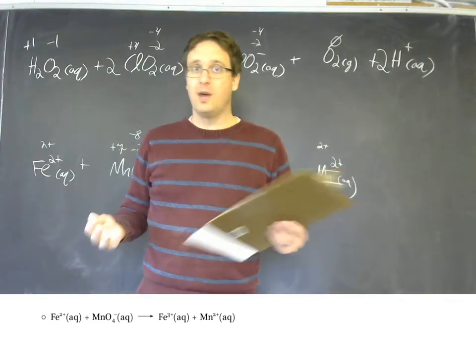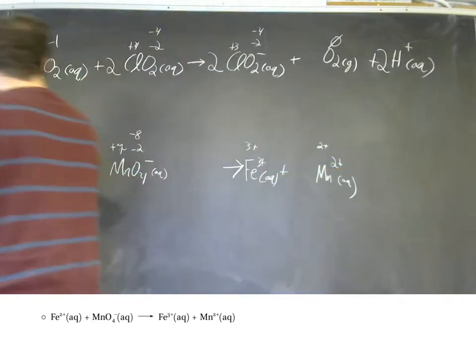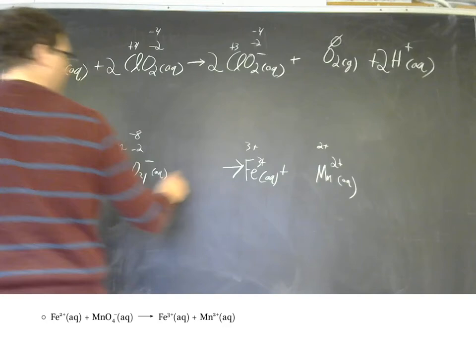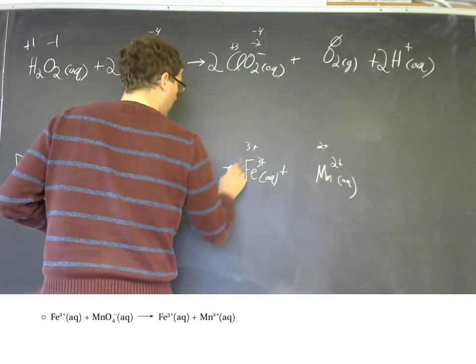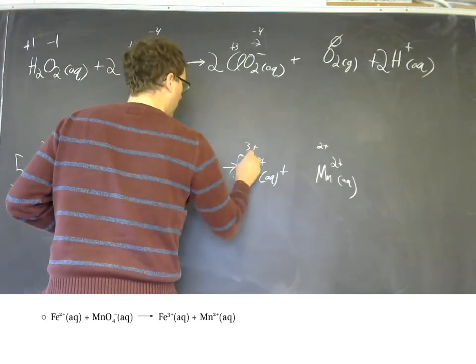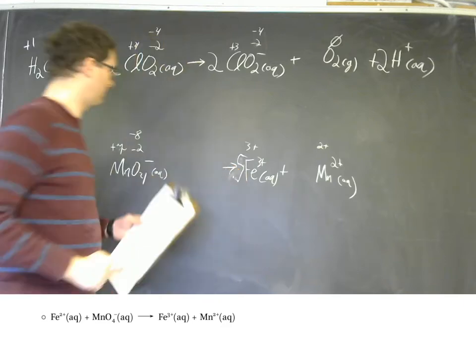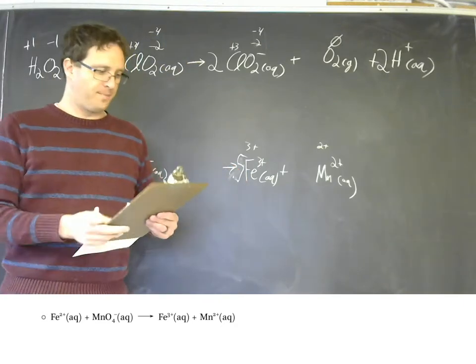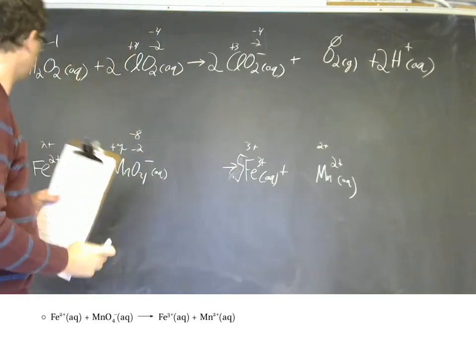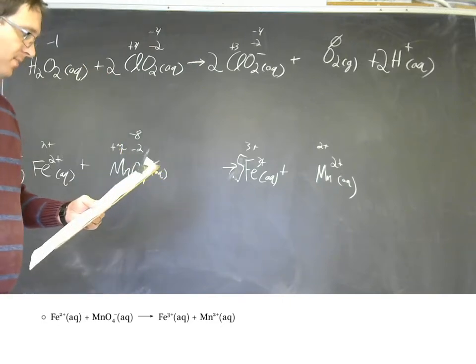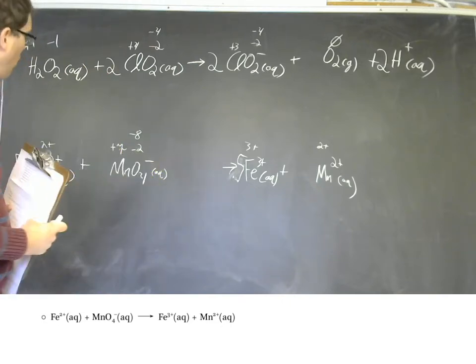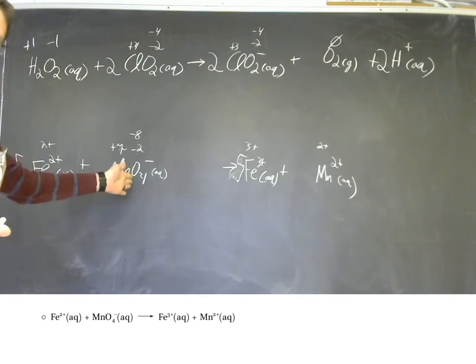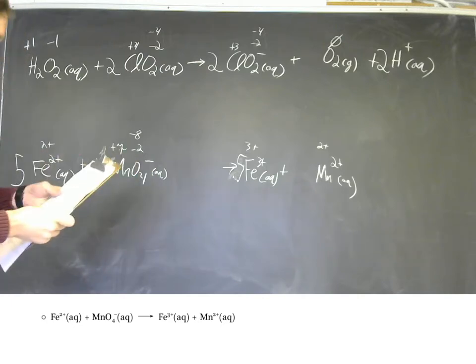And so in order to balance those out, we need to have 5 irons. 5 iron here, and 5 irons there. And now we're going to balance out any missing oxygen atoms by adding water molecules. I have 4 oxygens on the left, and so I better add 4 waters over here.